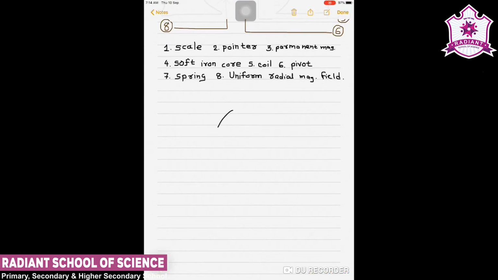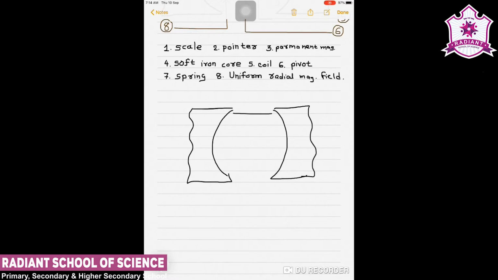Suppose we are given this type of magnetic field arrangement, then what will happen? Here this distance is small, this distance is small, while this distance is large.